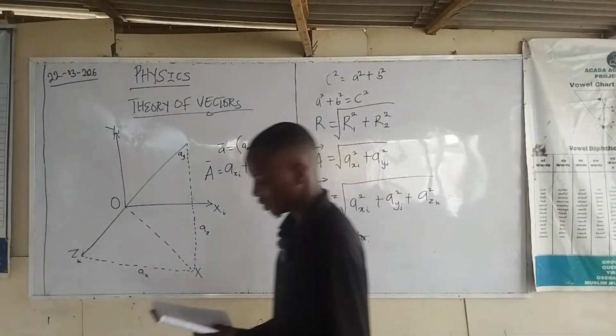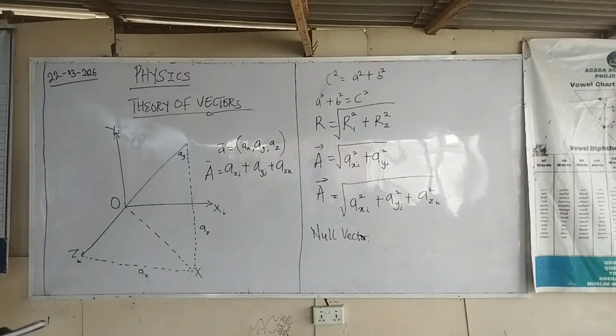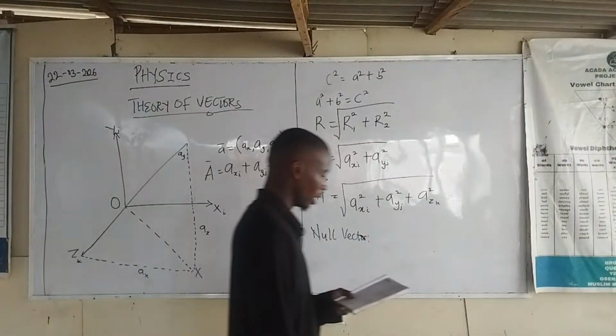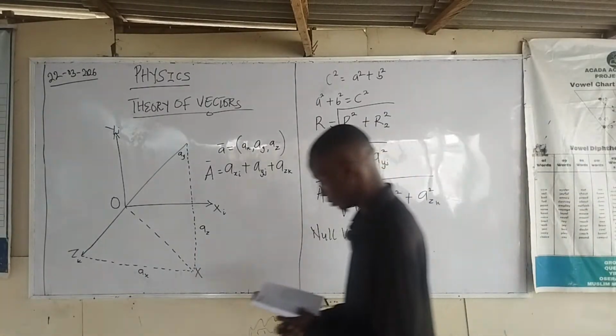This is a vector in which both the initial point and the terminal point fall together or happen simultaneously.